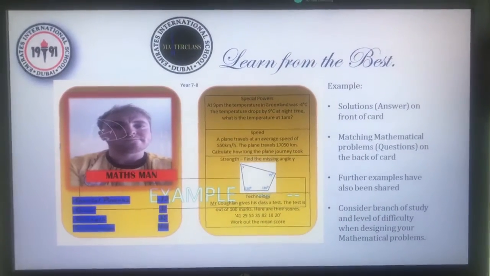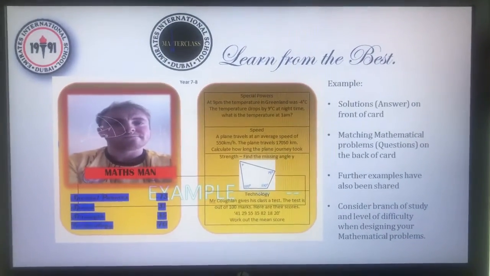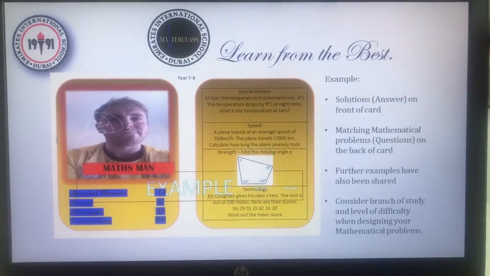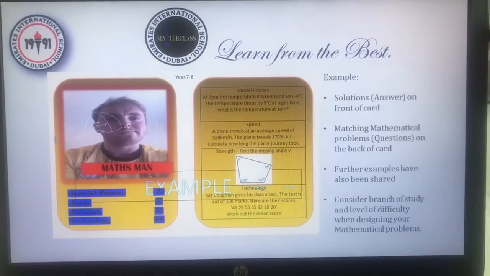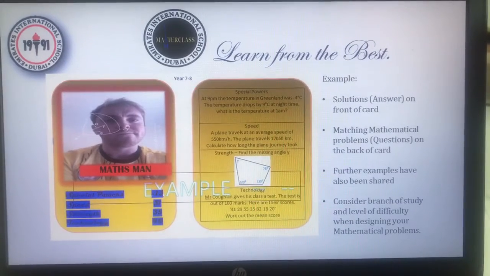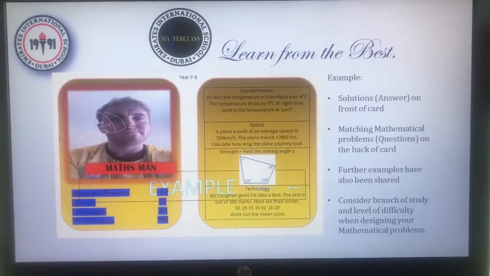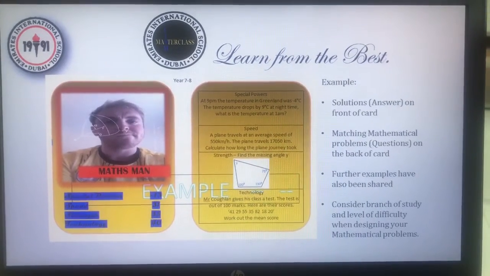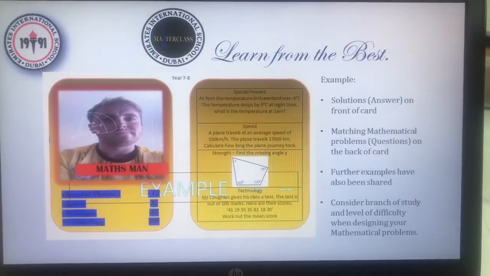So here's an example from Mr. Coughlin, Mathsman. So on there he has 4 superhero ratings, and on the front of the card his picture. On the reverse of the card on the back, you would have the mathematical problems.